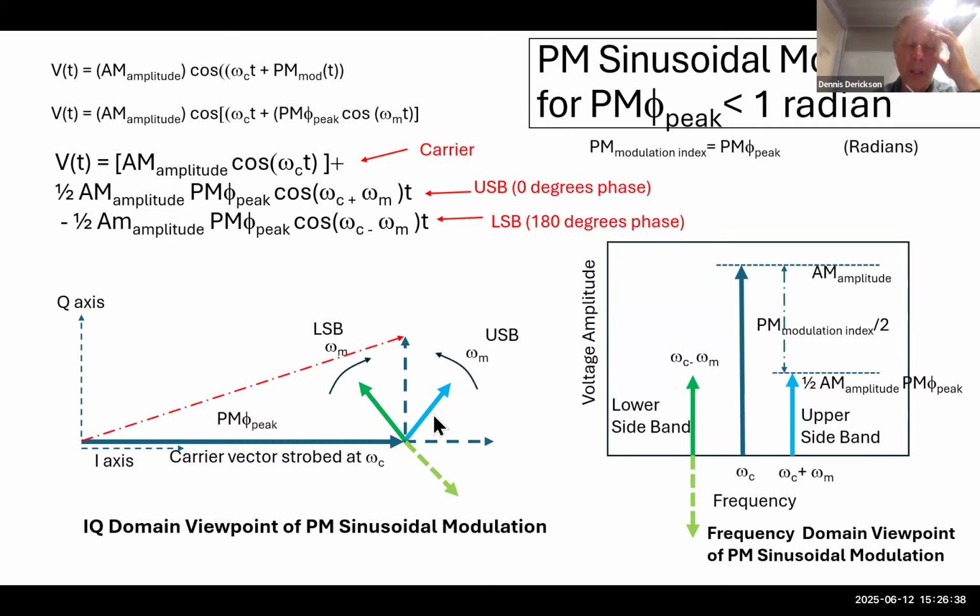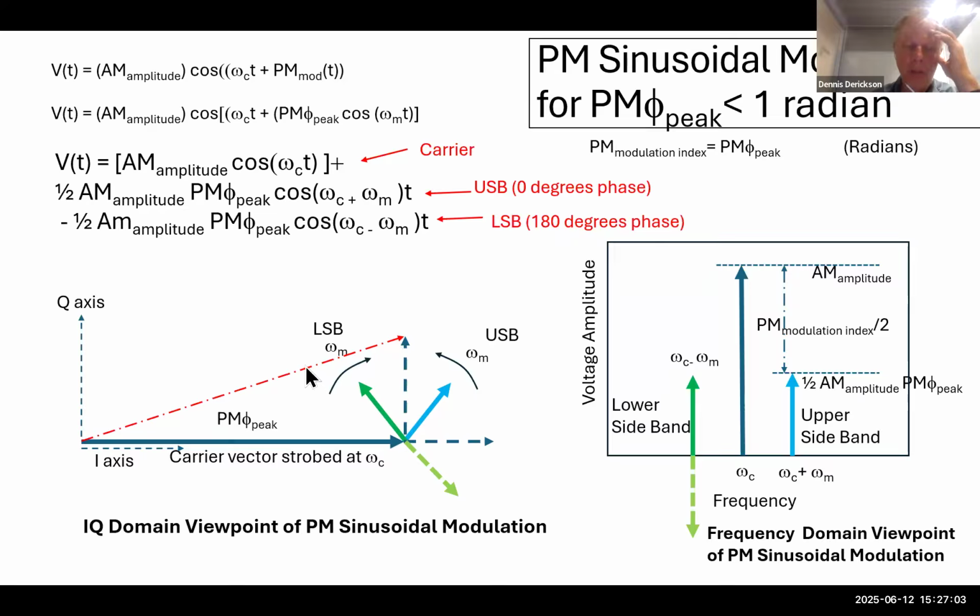So if we took the AM modulation IQ result right here, which would be this vector and this vector, then we take the lower sideband, negate it, we get a vector out that's now in that direction. And so this one's going clockwise. It's a lower frequency. The upper sideband's going counterclockwise as a higher frequency. And you can see that the resultant vector will always be perpendicular to the carrier vector.